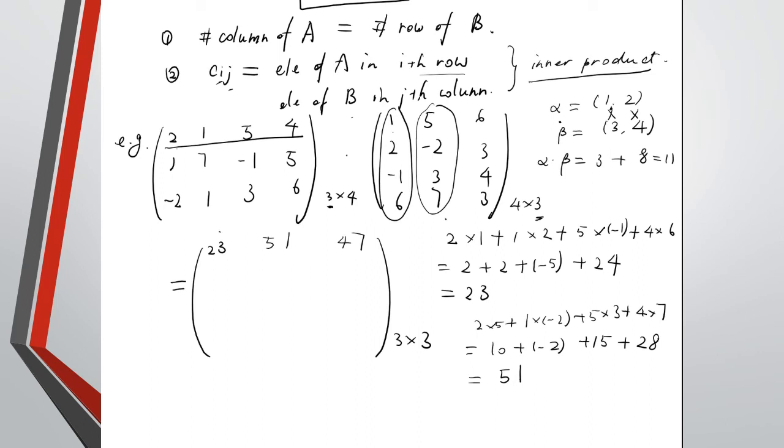Next row will be 46, 23, 38. The last row will be 33, 39, and 21. Did you get the correct answer? If you did, you have probably mastered the calculation method for multiplying two matrices.